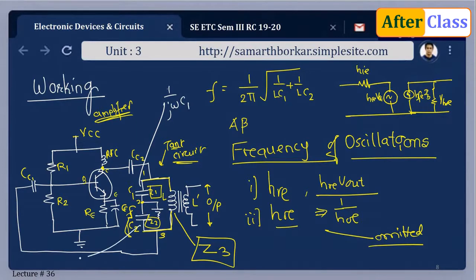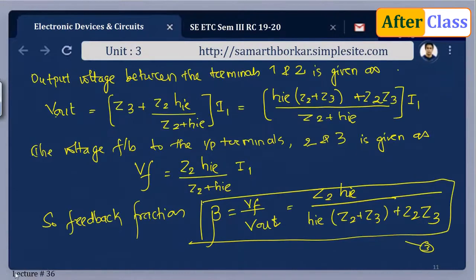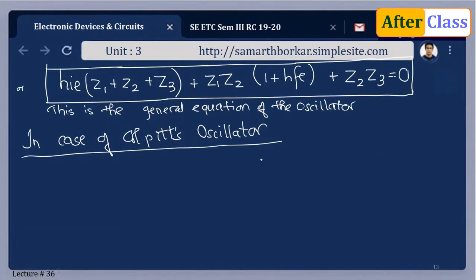Z2 will be 1 upon j omega C2, and Z3 equals j omega L. Now if we are going to use this notation, impedance Z1 is 1 upon j omega C1, which can be written as minus j upon omega C1.